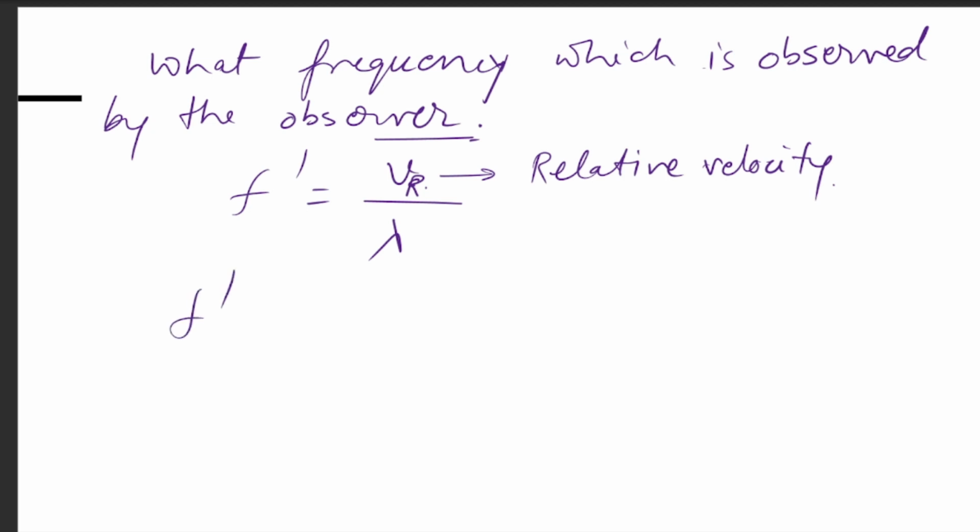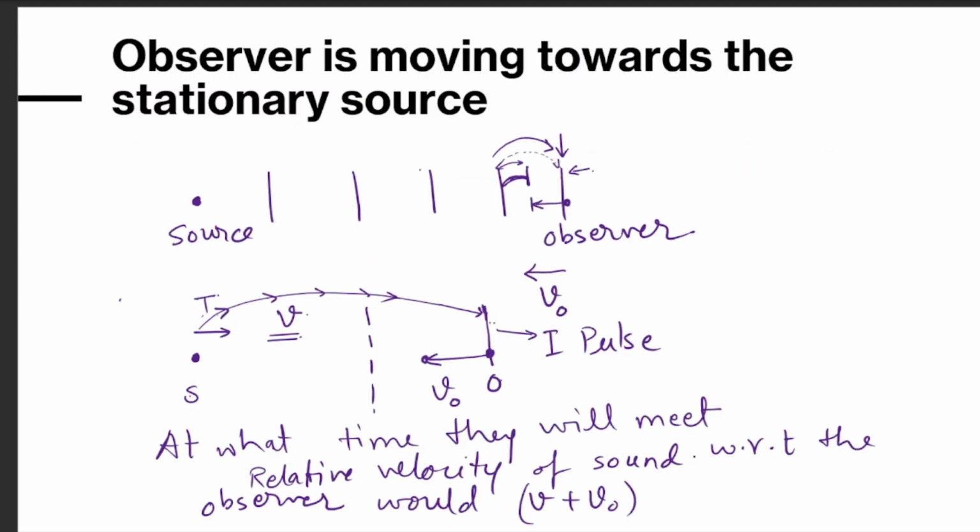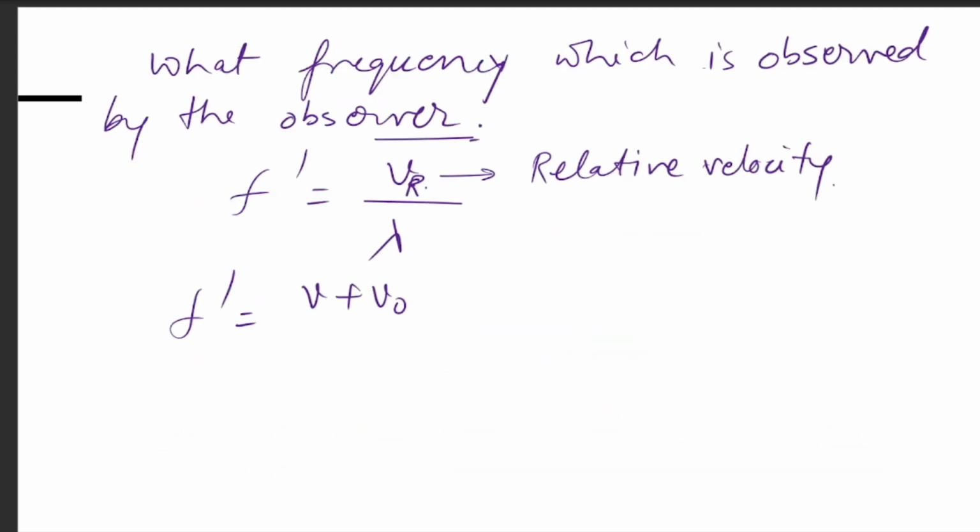So f dash is equal to what we have written just now. We have written v plus v naught. Yes, v plus v naught divided by lambda. And we know lambda, that formula we can use, right? V is equal to f lambda, so lambda is equal to v by f.